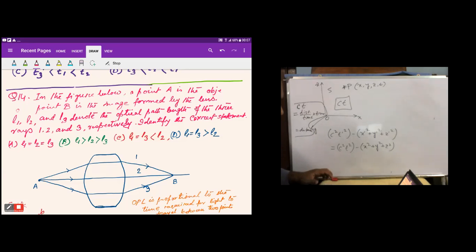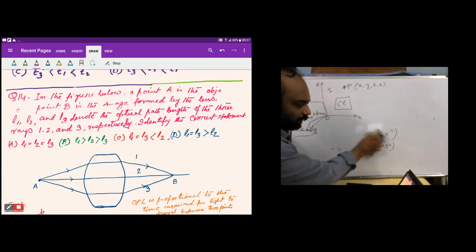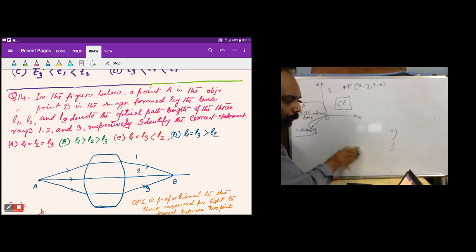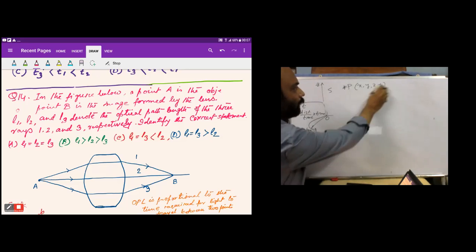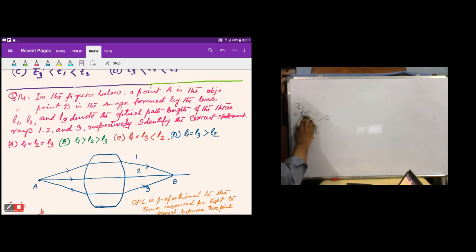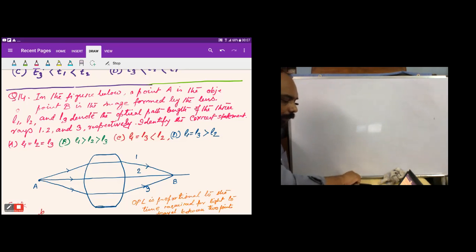Now, let's have a look at problem number 14, which says, in the figure below, a point is the object, point B is the image formed by the lens. So point B is the image of the point object A. L1, L2, L3 denote the optical path length of the three rays 1, 2, 3 respectively.